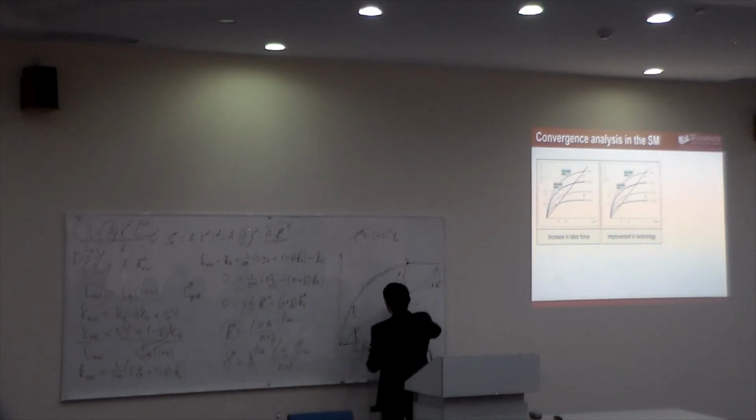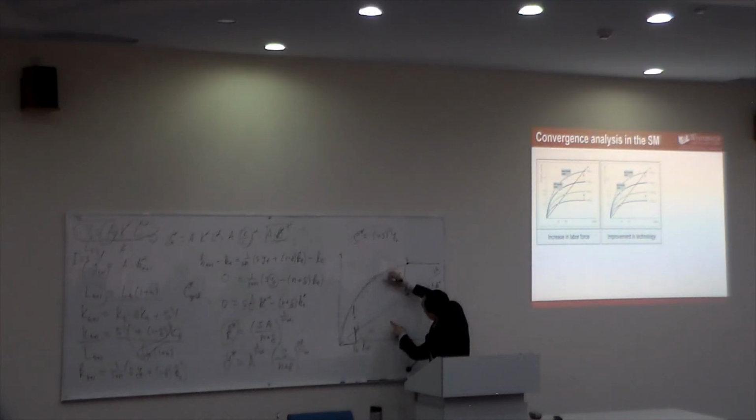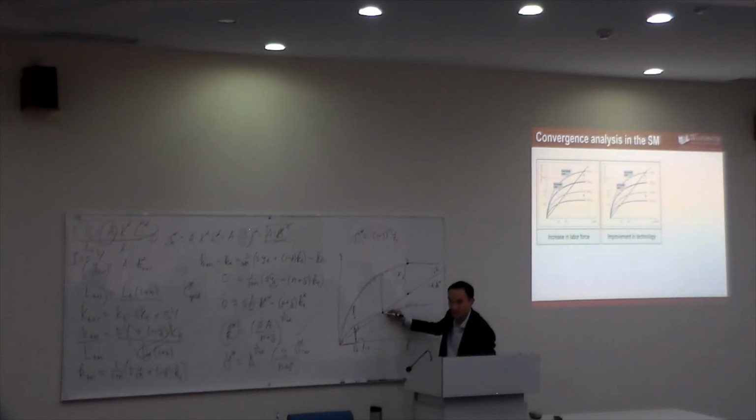And that maximum is going to be somewhere in here, the maximum distance. So that is where investment should reach this point, and the economy reaches the steady-state level at this point.